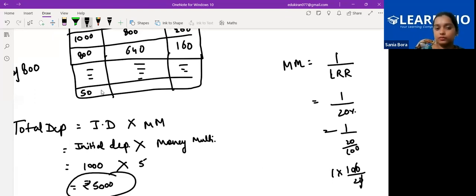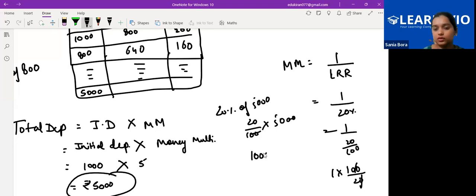Now 20% of 5000: 20 divided by 100 multiplied by 5000. The zeros get cancelled, so that means 1000 you need to put here. 5000 minus this, you get 4000. Clear? Fine? Works, Vivek? Yes, ma'am.